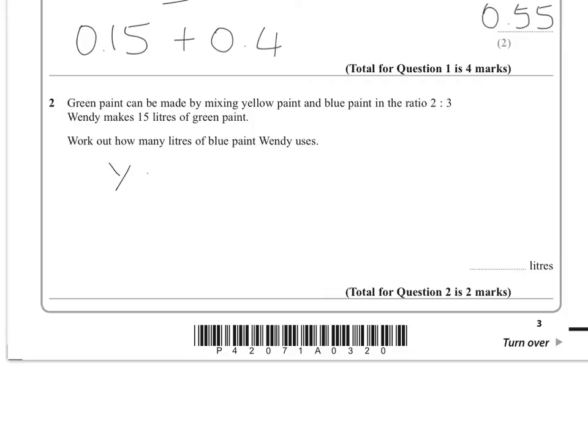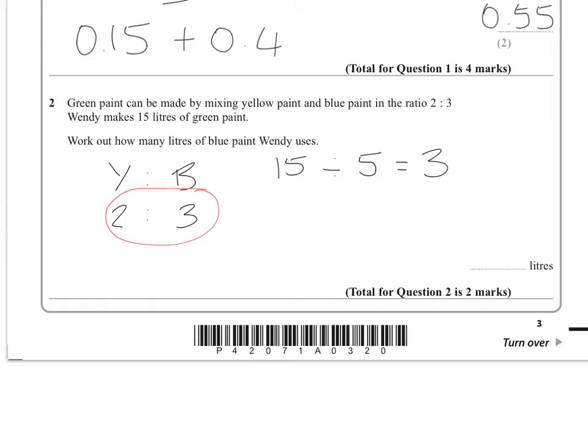Green paint can be made by mixing yellow paint and blue paint in the ratio 2 to 3. So yellow to blue, ratio 2 to 3. So therefore in total, 5 parts, 2 parts yellow, 3 parts blue. If Wendy has made 15 litres, 15 divided by 5 equals 3. So that means that 1 part is 3 litres.